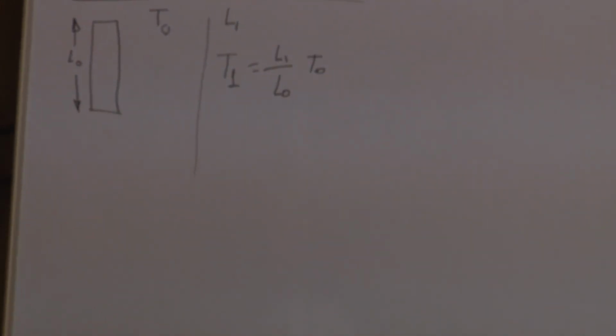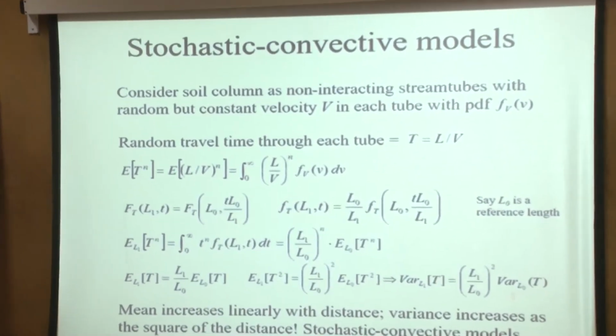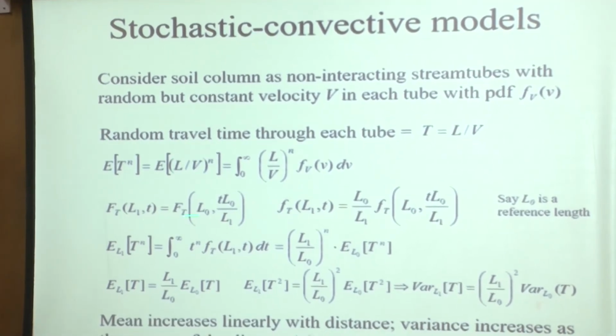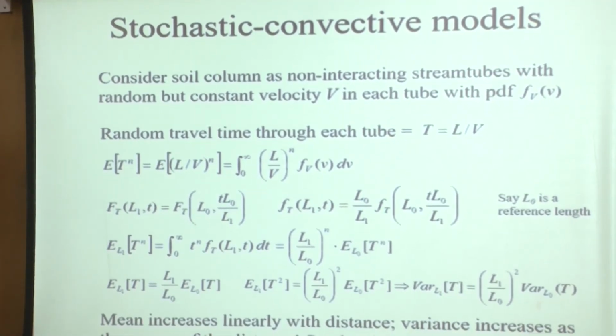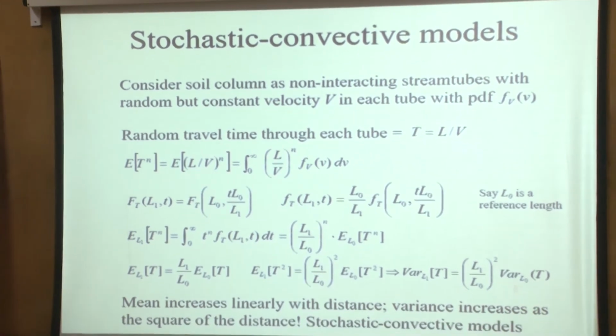And this is what we are trying to show. Let f sub t be the travel time probability density function where the length was L sub 0. If I change my length to L1, then by simple transformation of variables, this is my definition of the travel time PDF when the column length changed to L1.